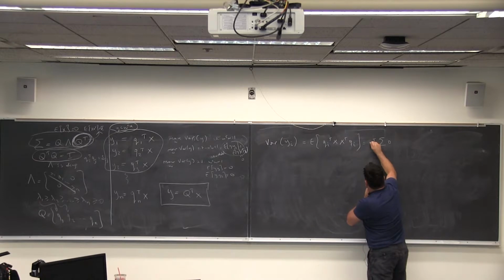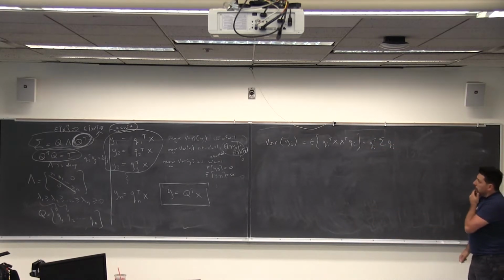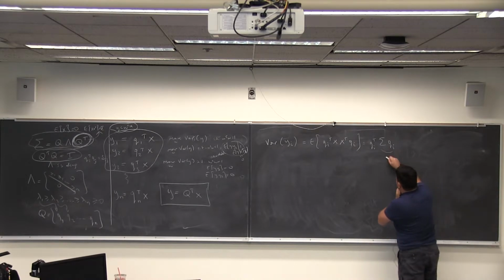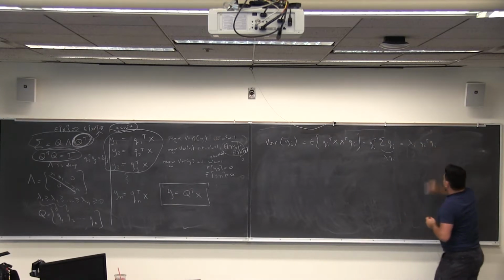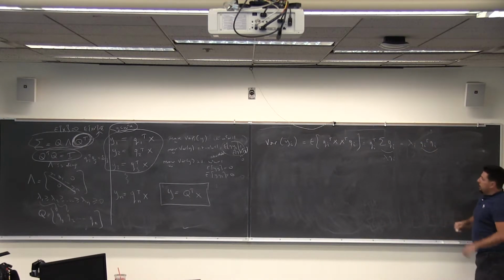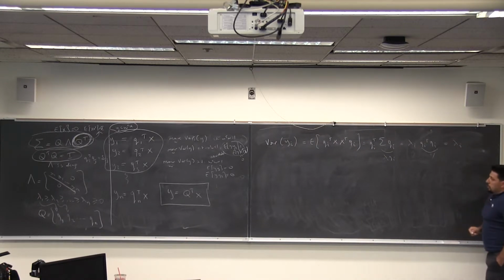So this is the variance of the ith principal component, but this is equal to lambda i qi transpose qi, and qi's are normalized to unit length. So this is equal to lambda i, right? So the variance of each principal component is equal to the eigenvalue corresponding to the eigenvector we used to project it.